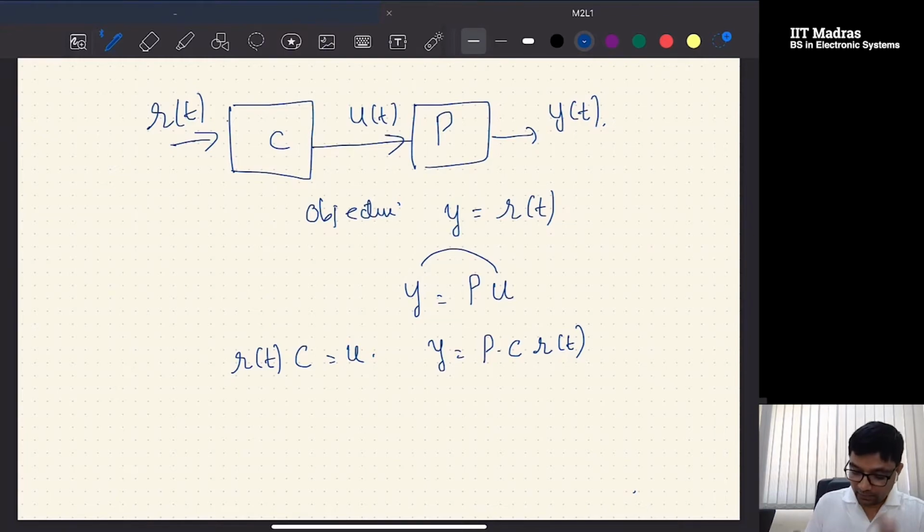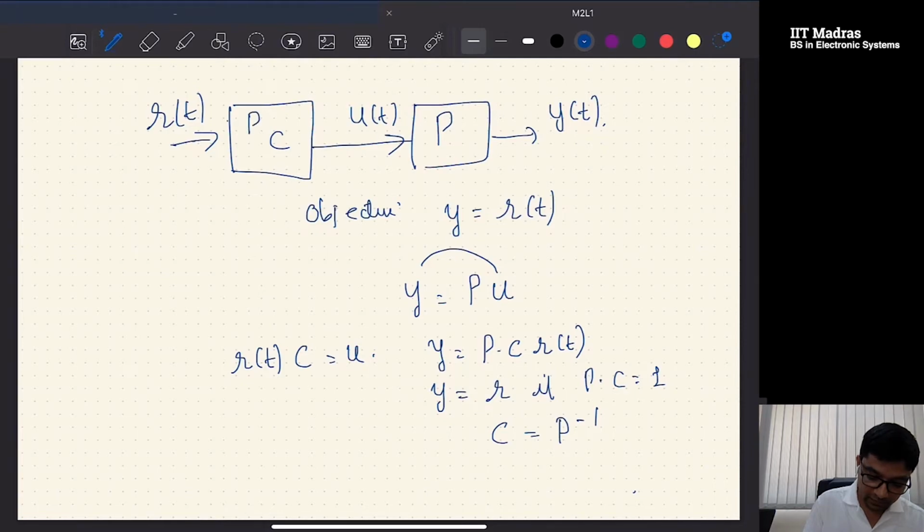So in a very loose sense, Y will be equal to R if P times C is just 1. Or in other words, C can just be the inverse of the plant, right? So C can just be P inverse. Or one thing to say, how would I make my plant achieve a desired reference signal? I'll just say, choose the controller which is just the inverse of the plant.